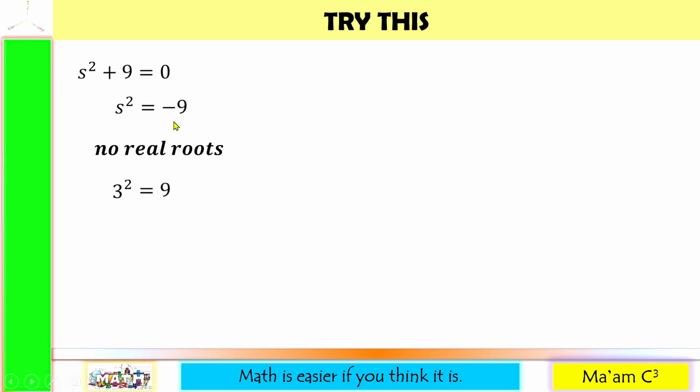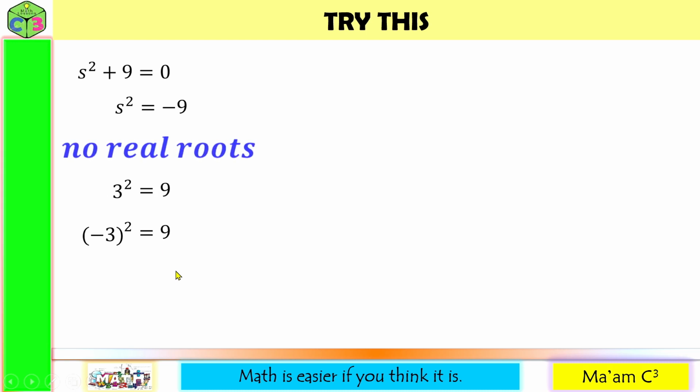If you are going to say that the answer is negative 3, when you multiply negative 3 by itself, it will give you positive 9 also, not negative 9. Why? Because there is no real number that when you multiply by itself or you square it will give a negative result. Hence, our answer, no real roots, is correct.